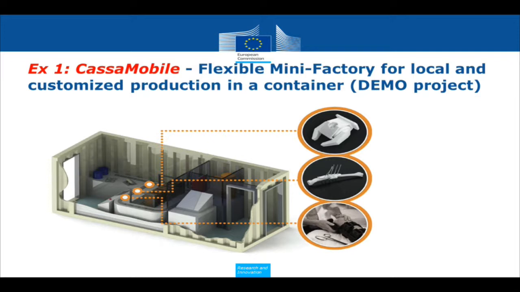For now, as in the previous version of the presentation, I just have 2 examples of demonstrators. One has come from the advanced manufacturing and processing field, and it is a demonstrator for a mini factory for customized production. Next slide, please.